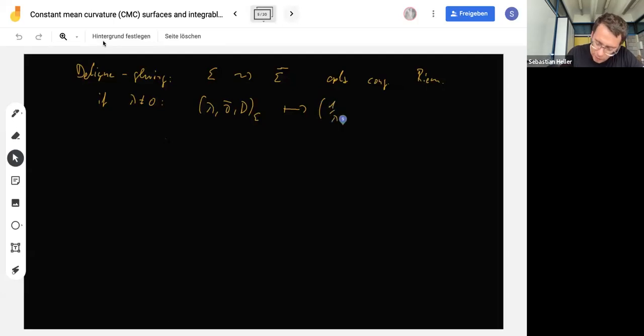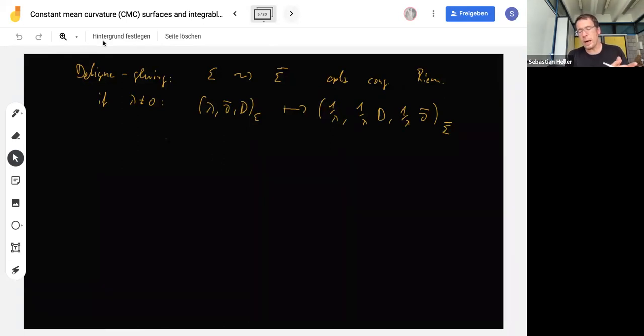Basically, we just apply 1 over lambda d, and then 1 over lambda del bar. And we consider this triple on the Riemann surface sigma bar. We already observed that 1 over lambda d, if lambda is not 0, is somehow a 1,0 part of a connection.